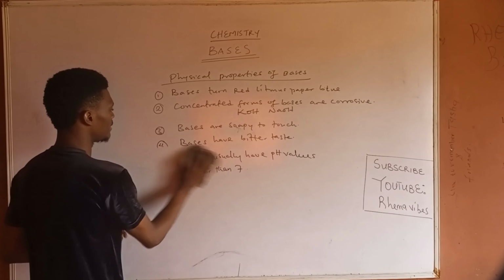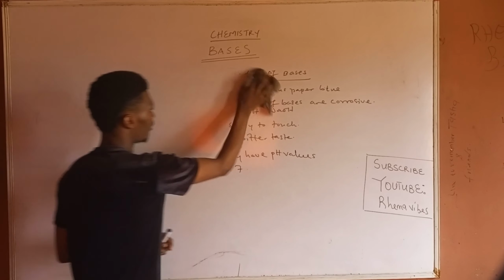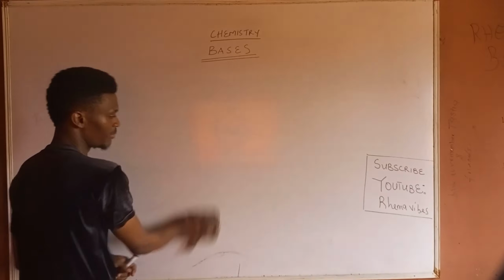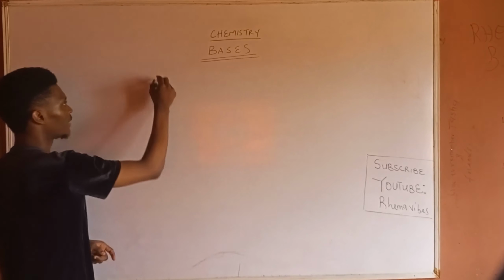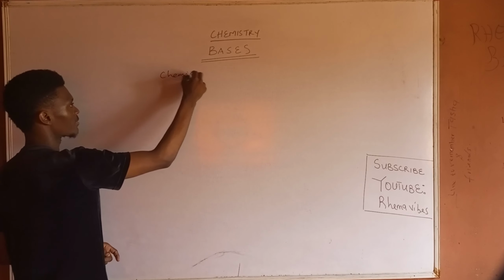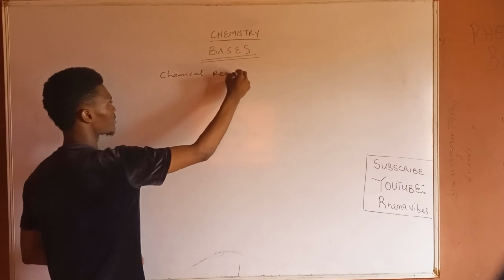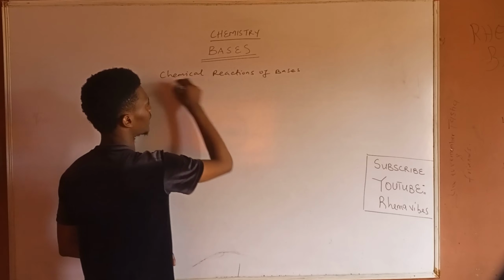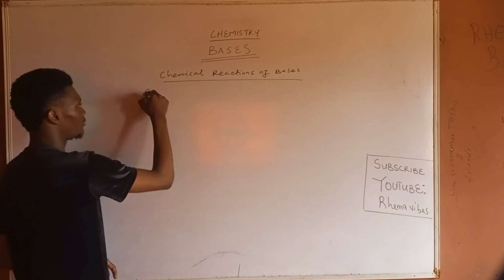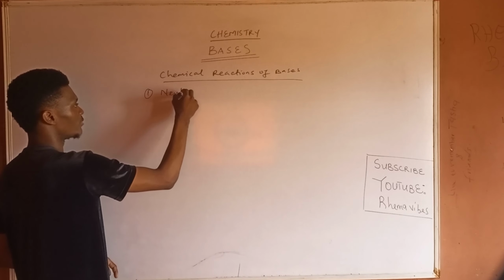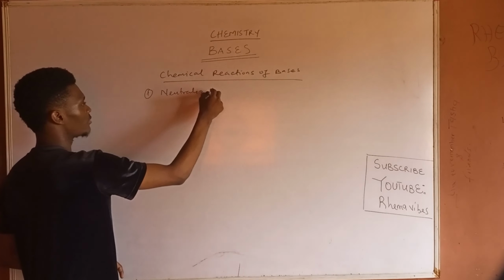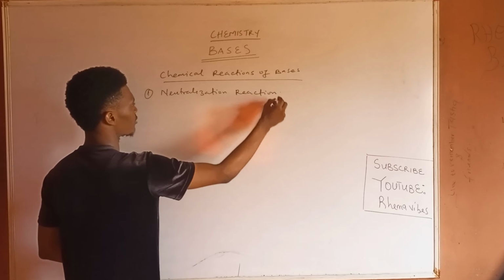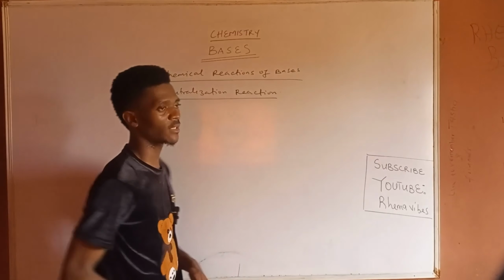So let's see the chemical properties of bases, or chemical reactions of bases. Now looking at the chemical reactions of bases, the first chemical reaction would be neutralization reaction. Of course, we have treated this under acids.